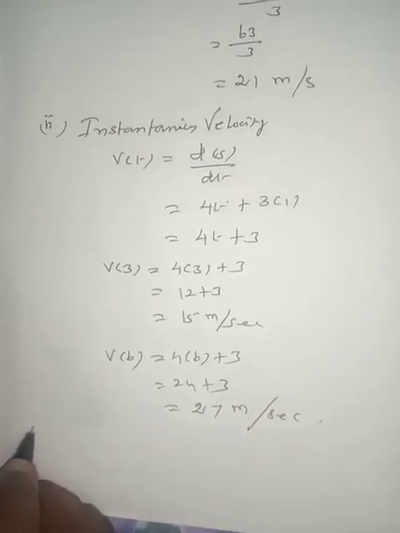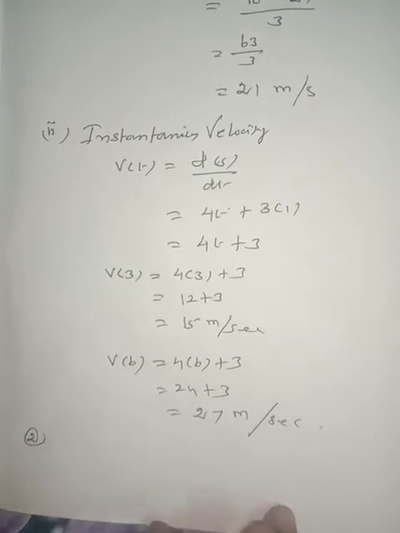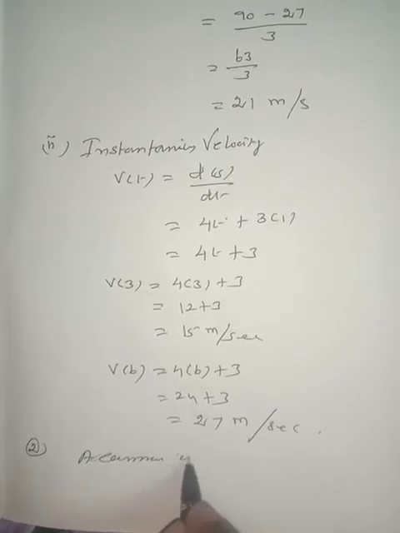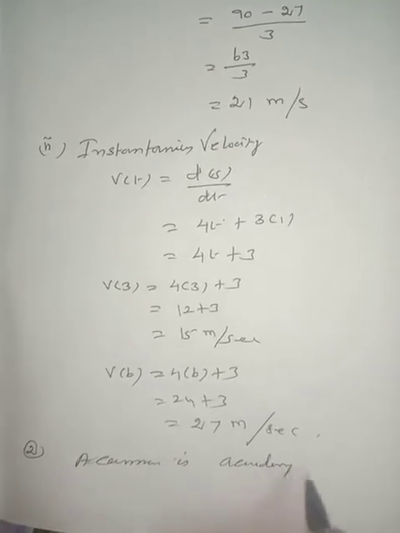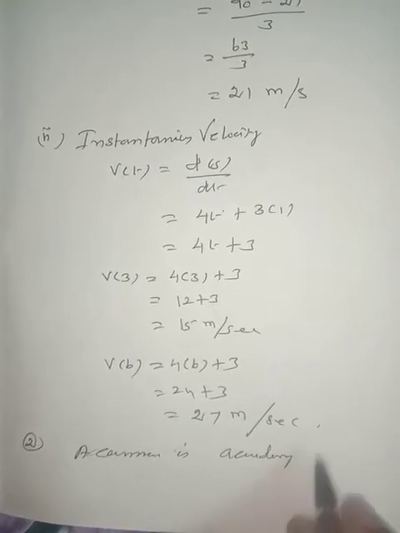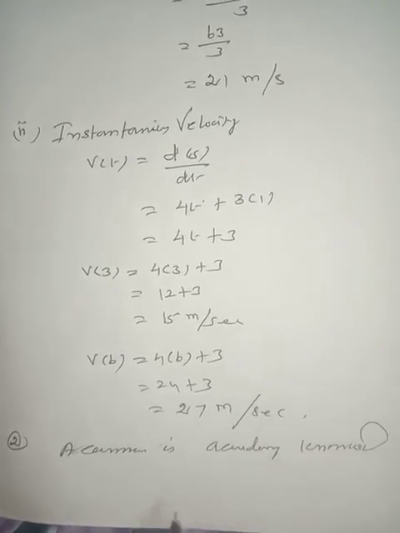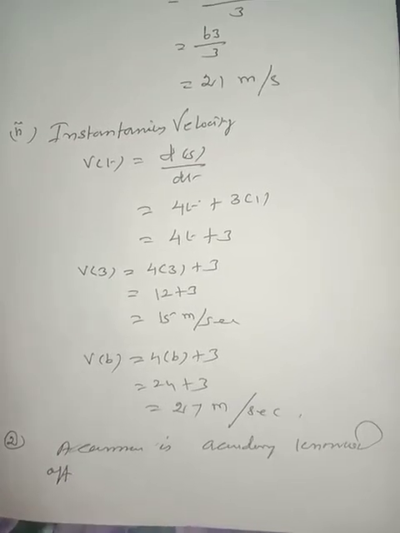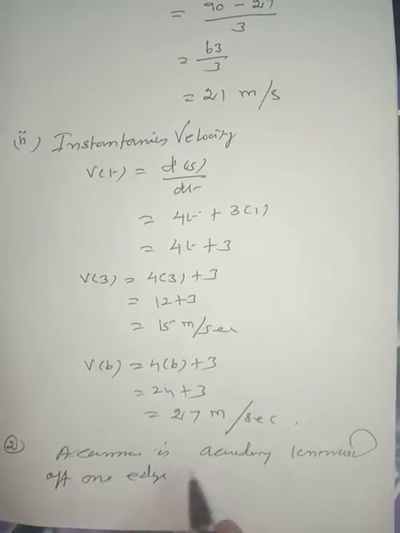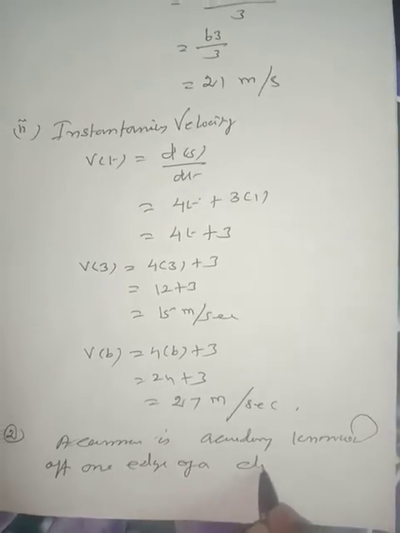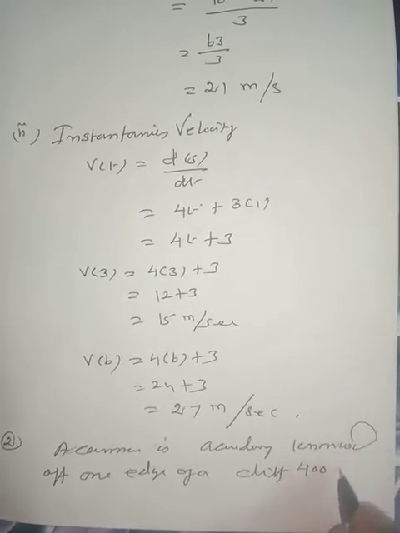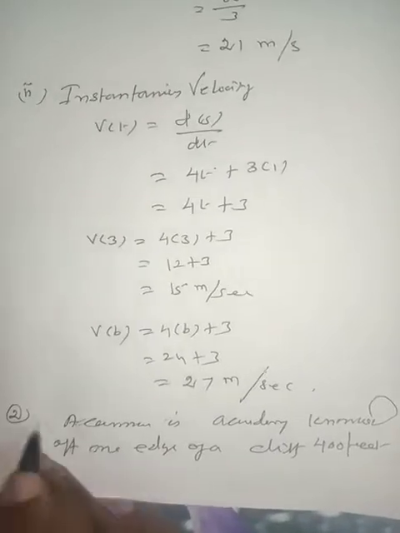Next, question number 2. A camera is accidentally knocked off one edge of a cliff 400 feet high.